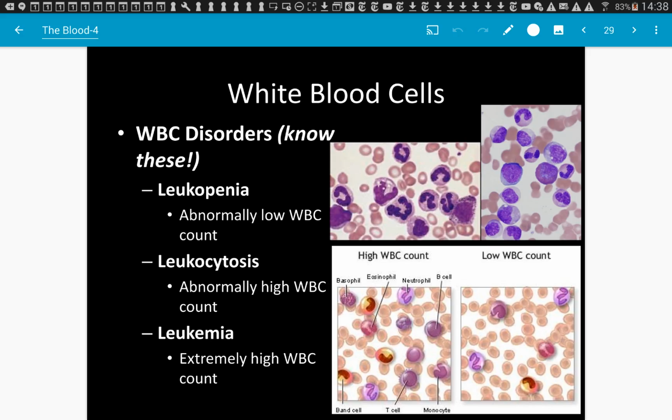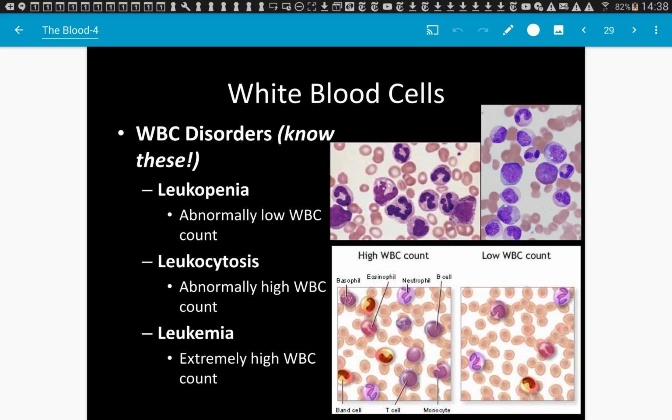So for example, leukopenia. This is where the white blood cell count is really low. Okay? So way lower than normal. And what kind of effect would that have on a person?